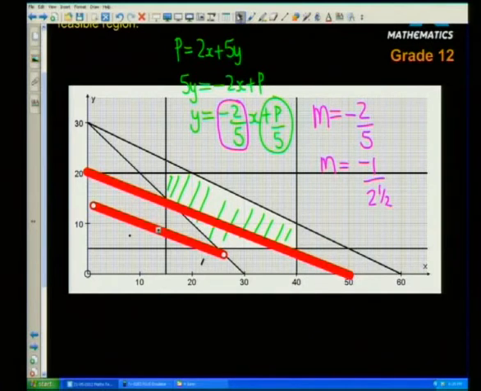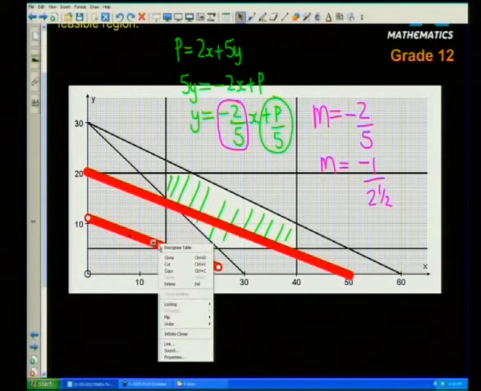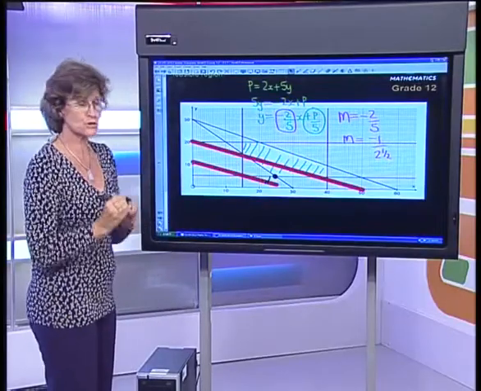If I wanted to maximize, I would have to take it to the last place, and it doesn't want to go. It's being naughty. But basically, when I want to minimize, I want to move this line until I actually hit the feasible region for the very first time. And it hits my feasible region there first.